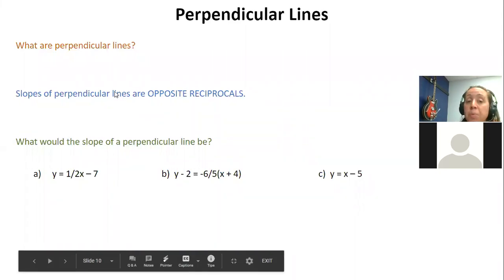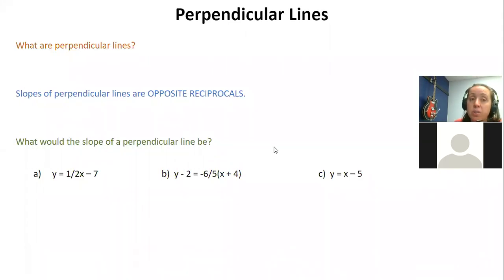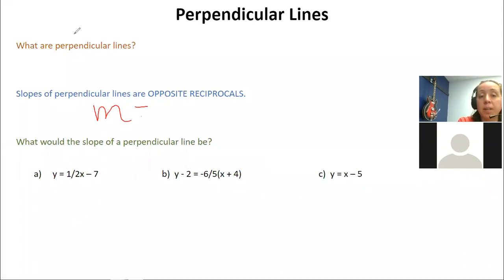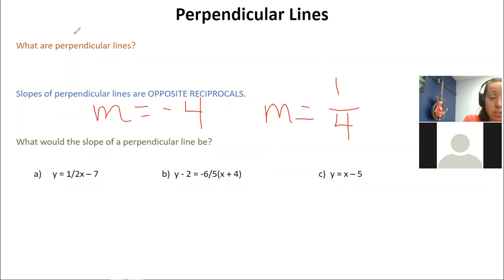Okay, and the slopes are opposite reciprocals. So that means if one of my slopes is -4, the slope of the perpendicular line would be 1/4. So they're flipped on the opposite side. So what's the slope of part A?